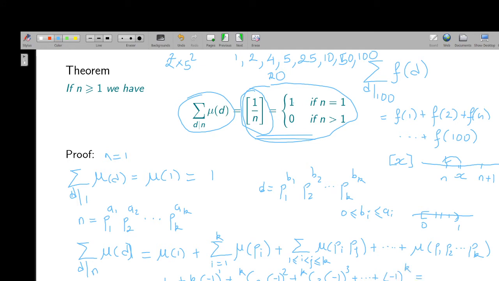Can someone tell me what this expression is? I'll make it a little easier for you. This k here is the same as k choose 1. Can someone tell me what this expression is?